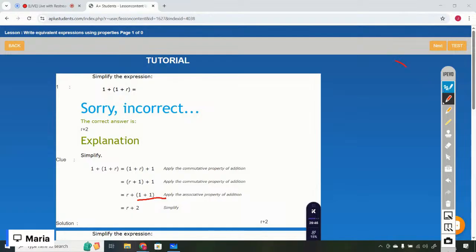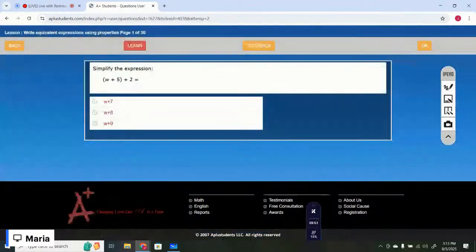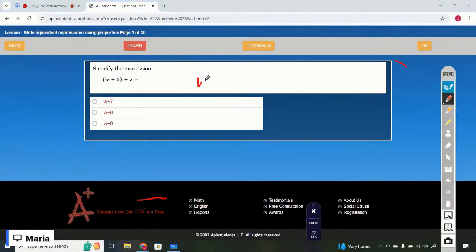Okay, let's just start with the test questions. Simplify the expression w plus 5 plus 2. So we can write it as w plus (5 plus 2).